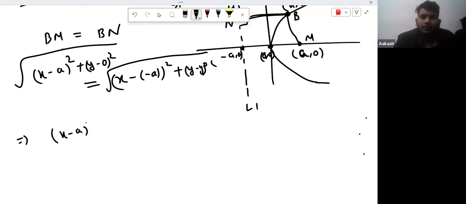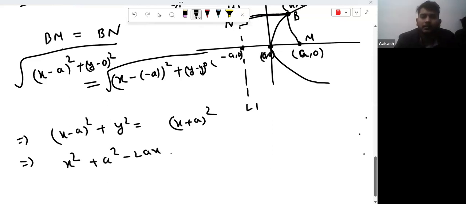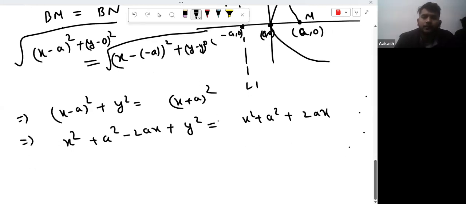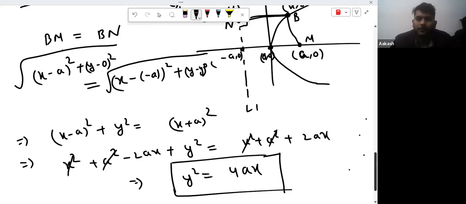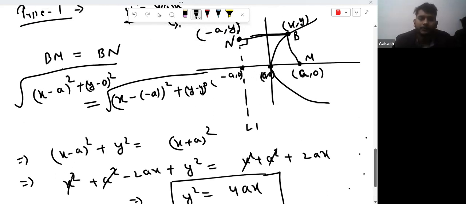So we have x minus a whole square plus y square equals x plus a whole square. Let's open them. This is x square plus a square minus 2ax plus y square equals x square plus a square plus 2ax. So x square and x square cancel, a square and a square cancel. So all we get is y square equals 4ax. Okay. Note it down.